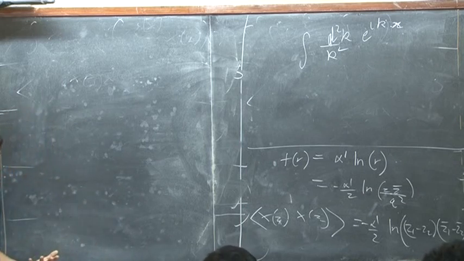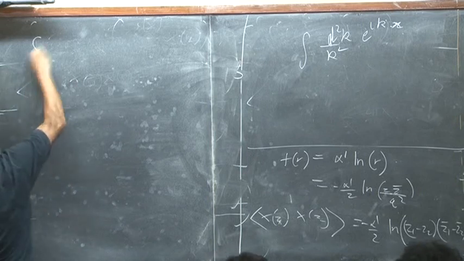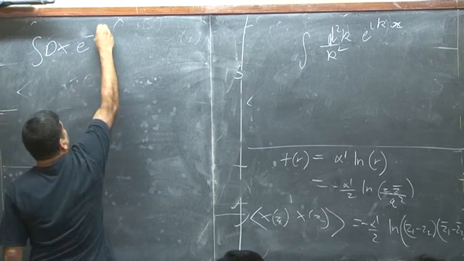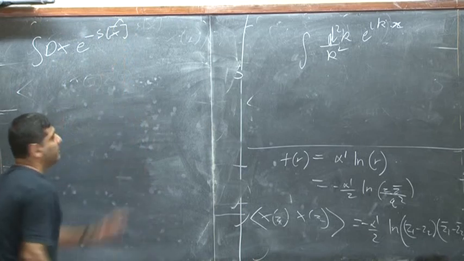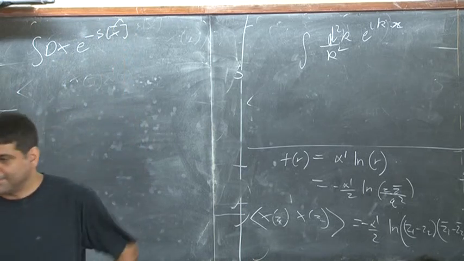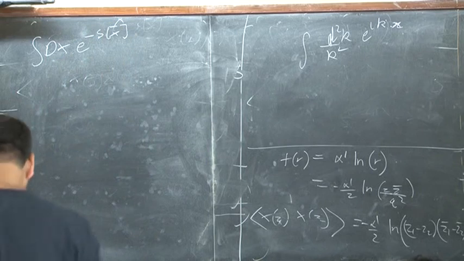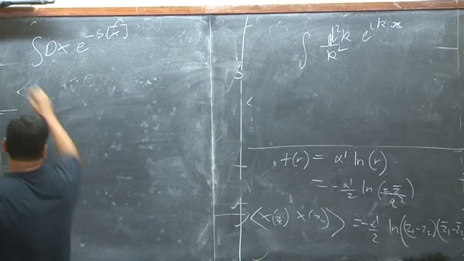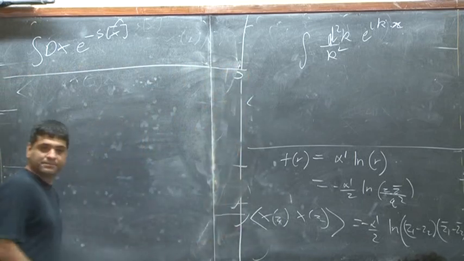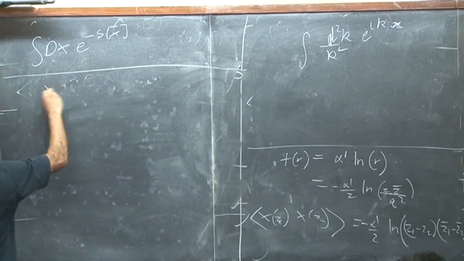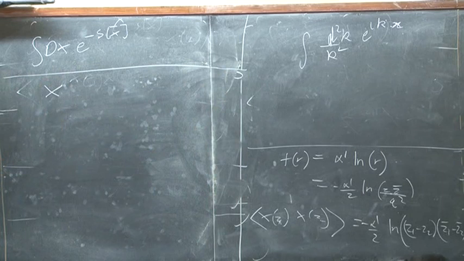Okay, so I'm going to introduce the path integral manipulation that allows you to understand the Noether procedure in a quantum setting. Okay, so suppose we've got some integral dx e to the power minus S of x, completely abstract, and this action has a symmetry. What does that mean? What does a symmetry mean? A symmetry, from the point of view of the path integral, is a change of variables.